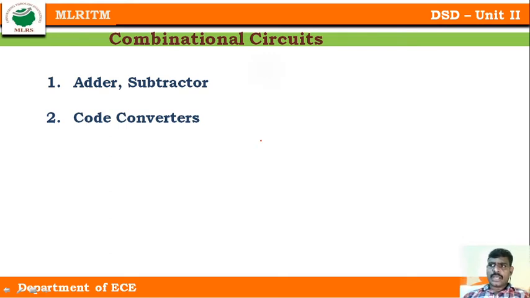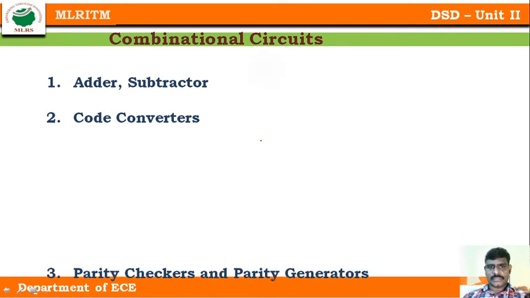We know how to generate these codes, but we don't have to design any circuit to generate them. Suppose I have binary input, I need a Gray code output. I know how to convert; the procedure we have seen in your first chapter. But here I need a circuit which is capable of converting your binary value into the Gray code, or vice versa.